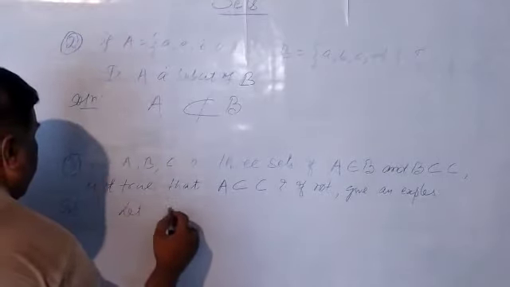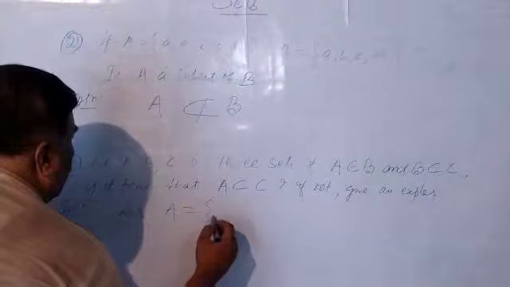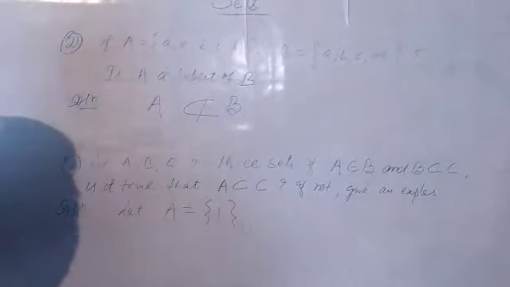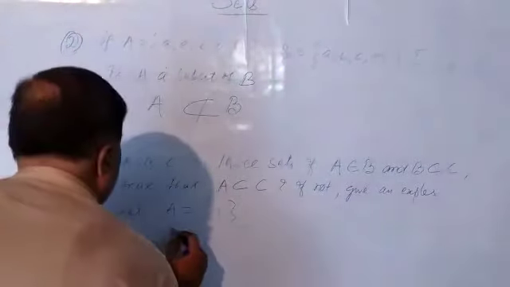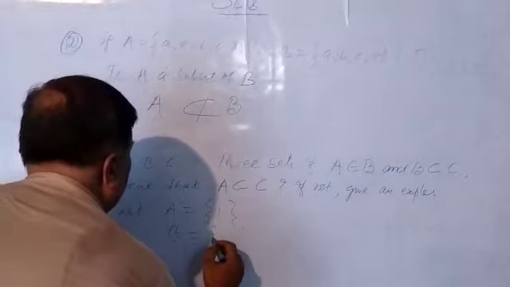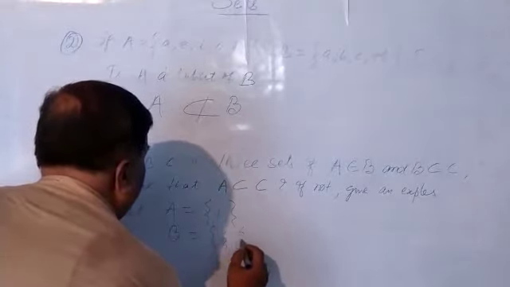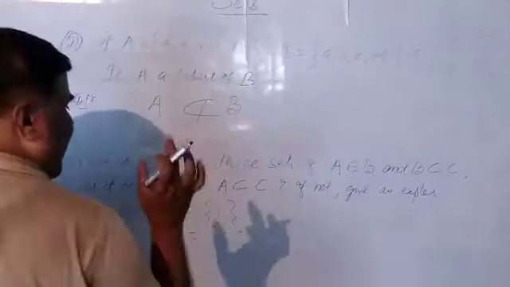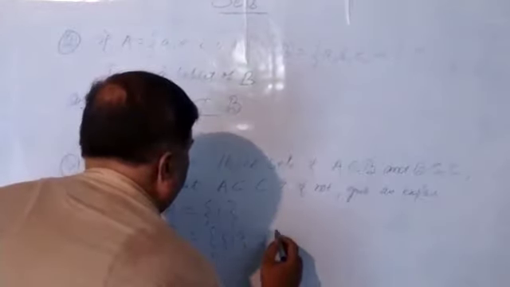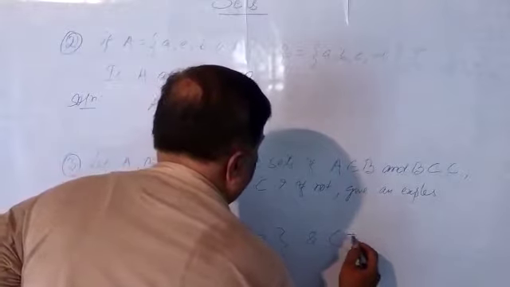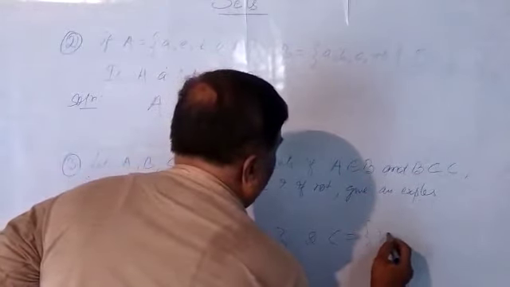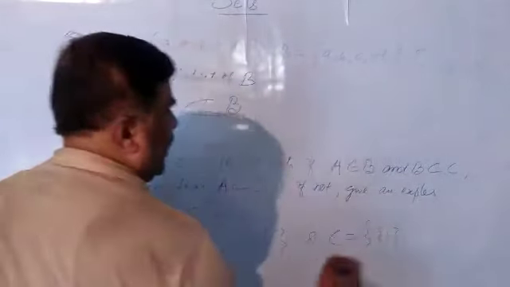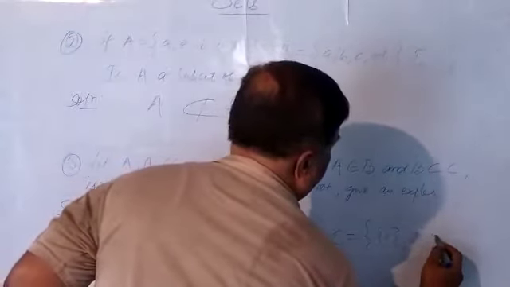Let A equal {1}, only one element. Then B has one element like set A and another element 2, and C has one element like set A, 2 and 3.